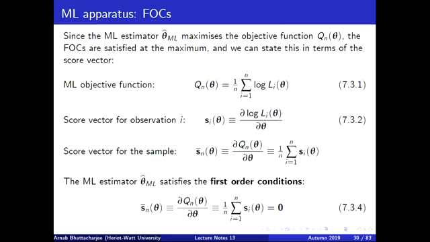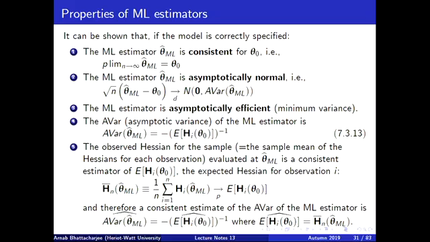The score has how many elements? P elements. So there are P equations. In how many unknowns? In P unknowns. Alright? Hopefully you can get a solution, right? If none of those conditions are redundant, you get a solution. And well, whether it is unique or not, well, I'll come to that.